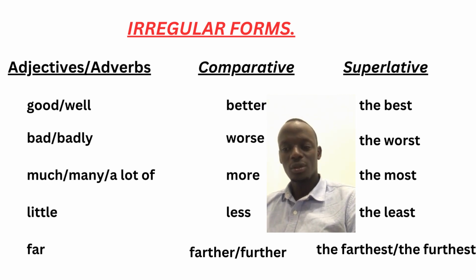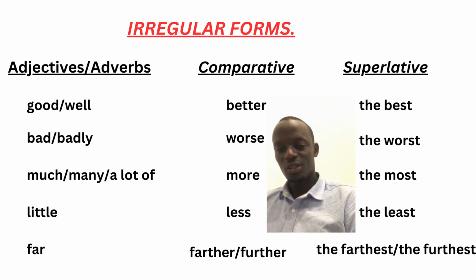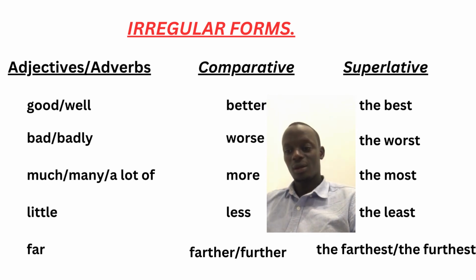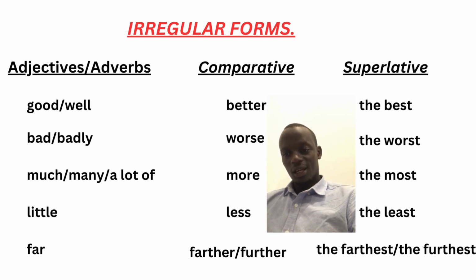Little: the comparative form is less, and the superlative form is the least. Far has two ways of formation. It becomes farther or further, and in a superlative, the farthest, the furthest. That's it, you can see it on your screens. So these are irregular forms because they don't follow the other rule of ER and EST.